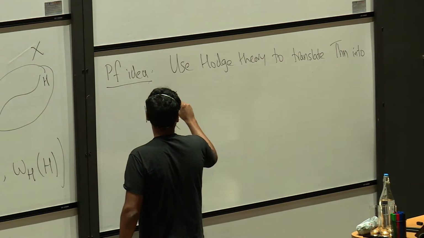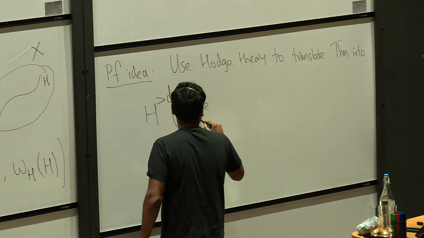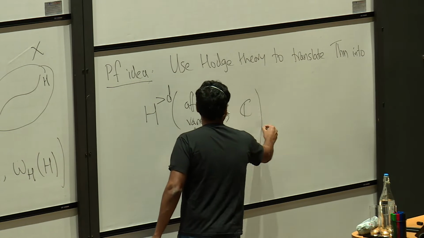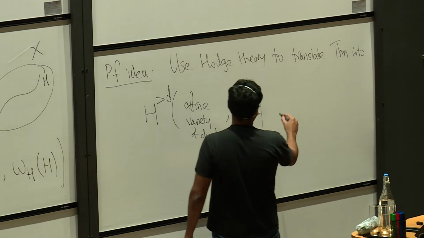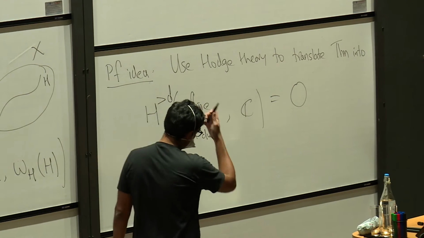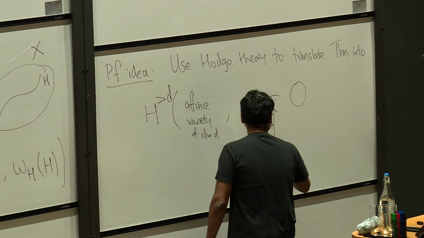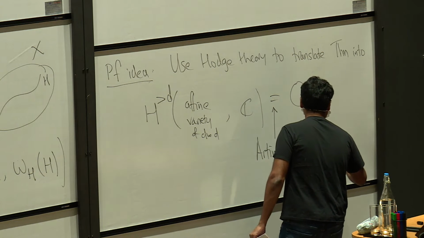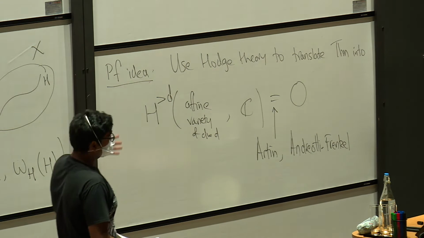So you look at the cohomology of an affine variety of dimension d with coefficients just in the complex numbers. So usual singular cohomology, nothing fancy like this vector bundle stuff. And then the theorem is that these groups vanish in degrees above d. So this is called, I guess depending on how you're trained, it's either the Artin vanishing theorem or the Andreotti-Frankel vanishing theorem.